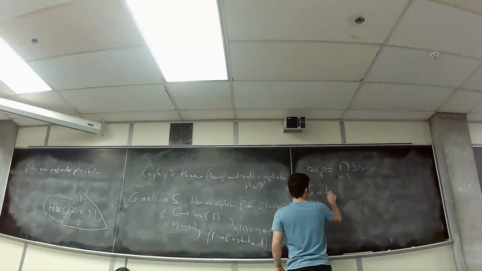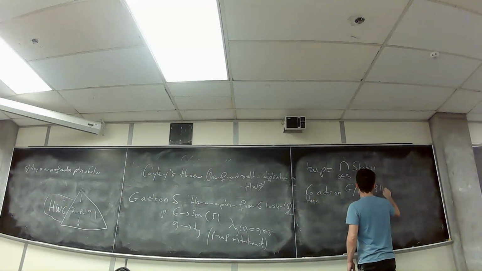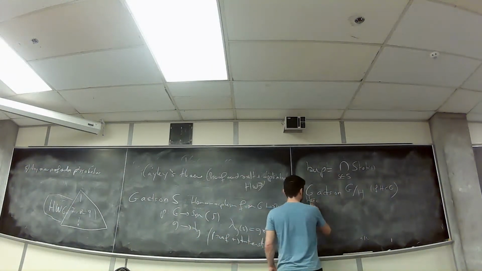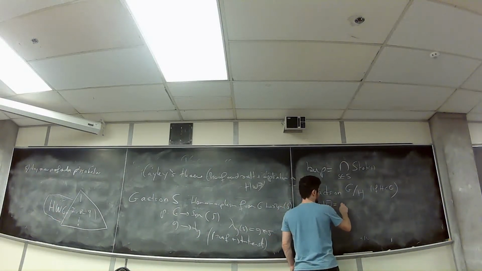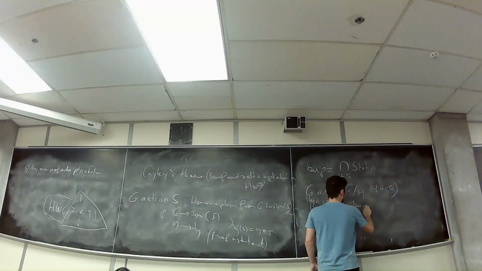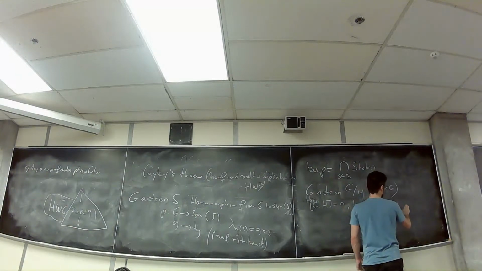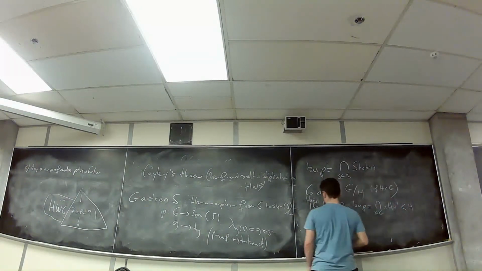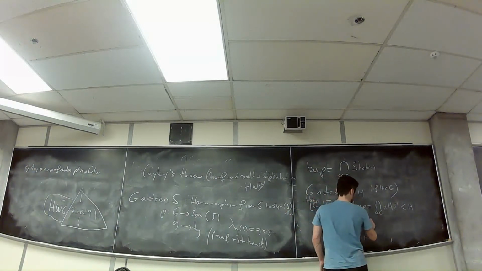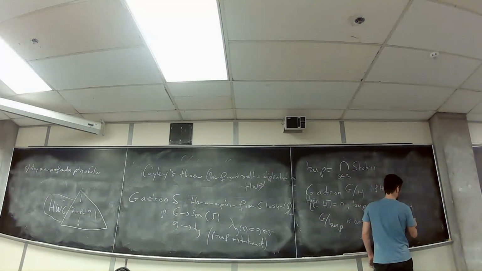So G acts on G mod H, if H is in G. Now if H has index n, then the kernel of rho is the intersection over x in G of xHx inverse, which is a subgroup of H, and G mod the kernel is isomorphic to a subgroup of Sn.